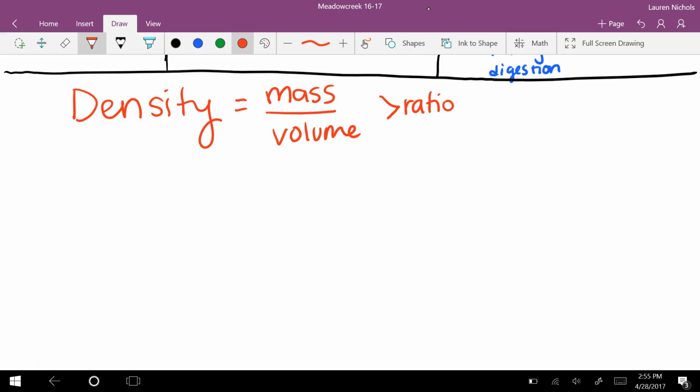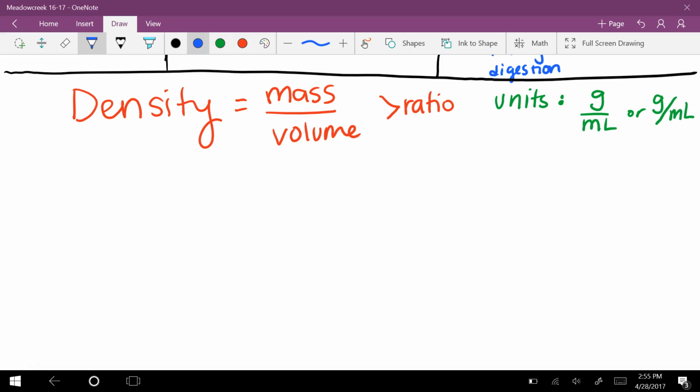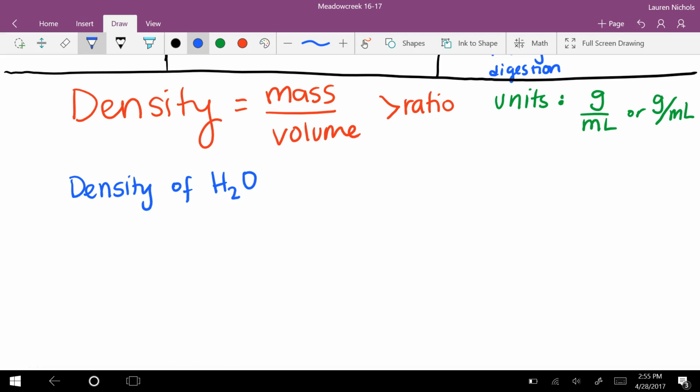Now, density can tell us a few different things. First of all, the units are grams per milliliter. Sometimes you see it written sideways, grams/milliliter.